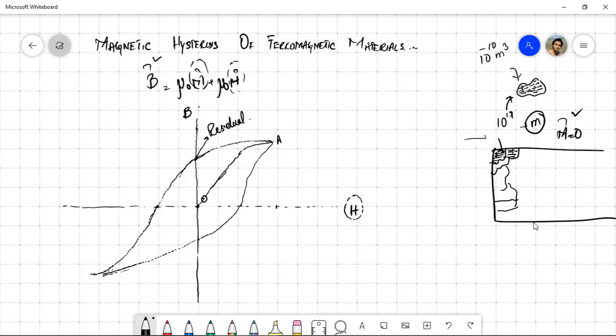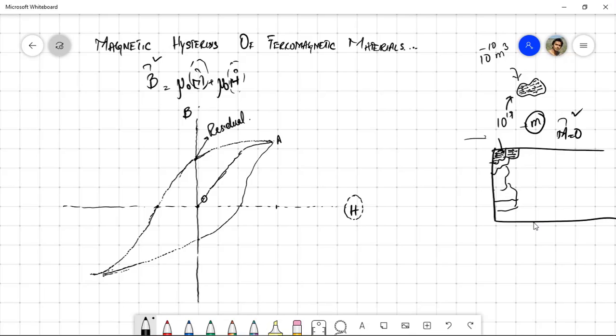Okay, so this behavior of ferromagnetic material is basically called hysteresis. The literal meaning of the term hysteresis is lag behind. If you take a look at this thing right here, you'll see that when we started, H and B were in phase.